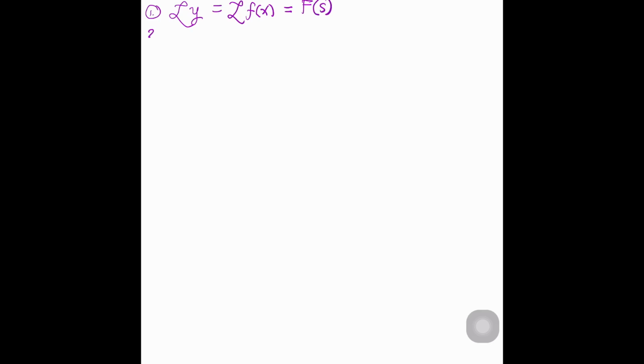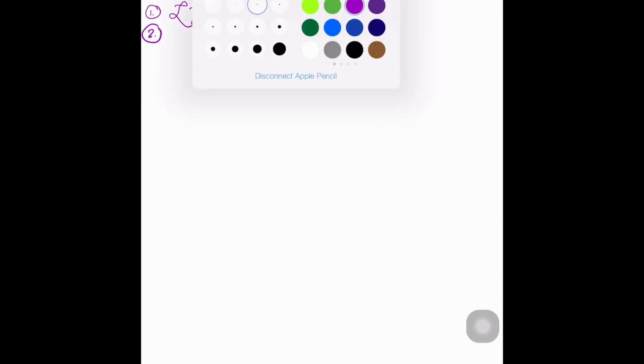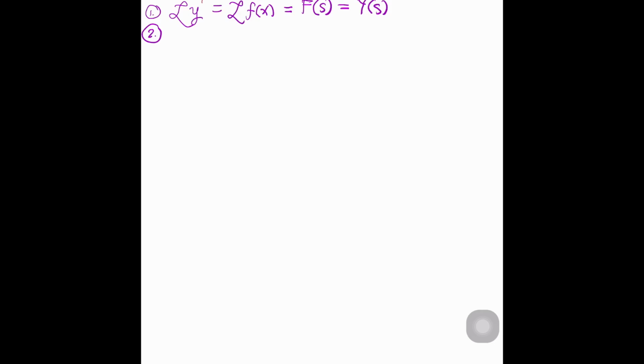Or for some other textbooks, they use y of s because y can be written as y function of x, diba? Similar with f of x. Here it's f of x, but it depends, it's up to you.